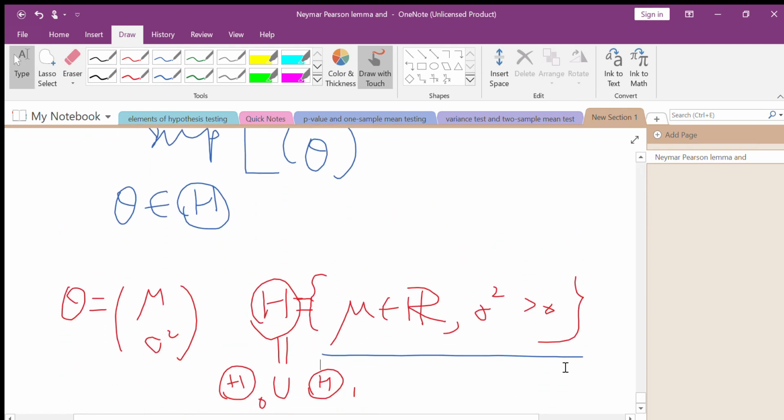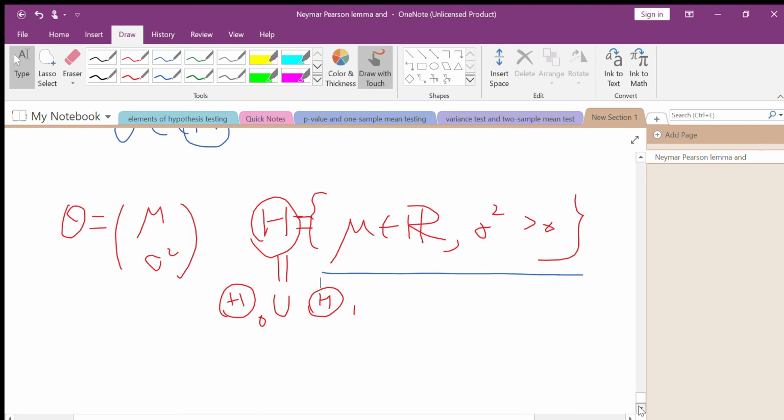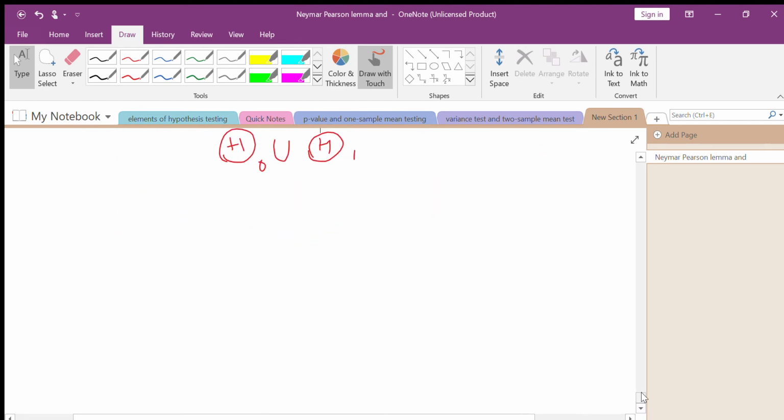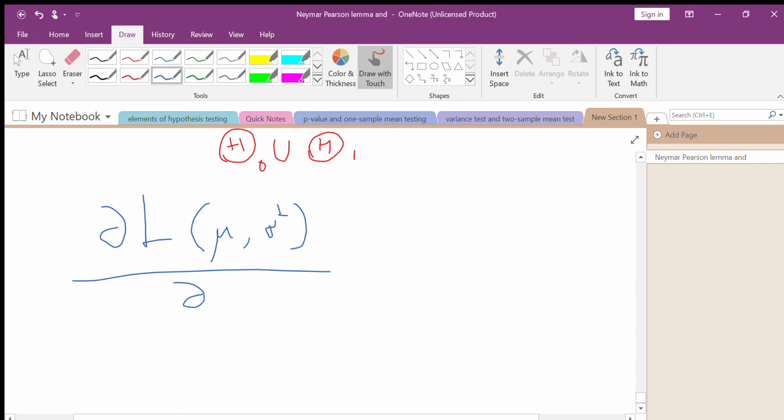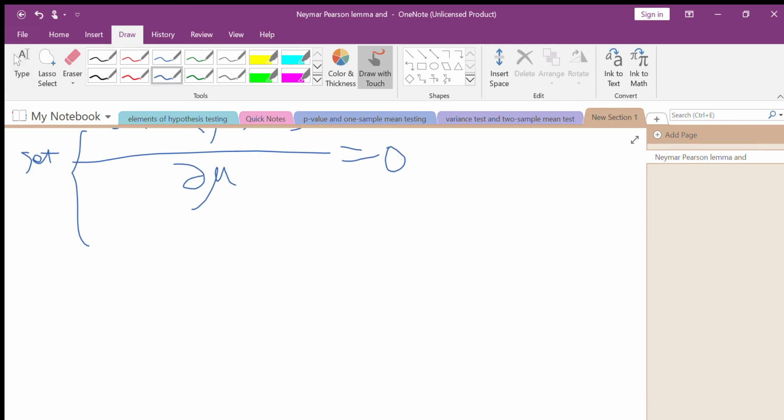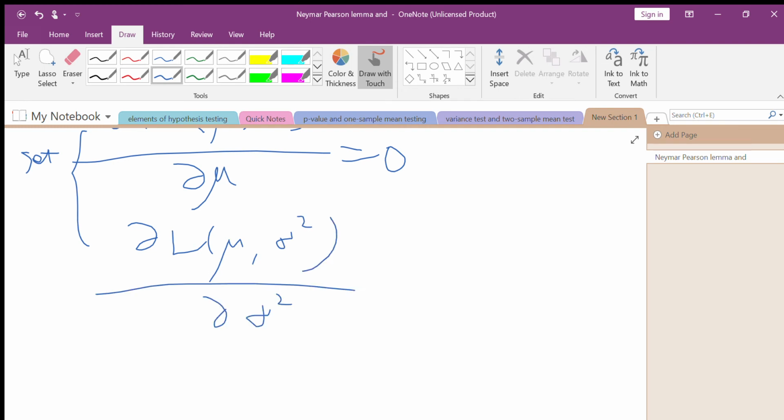And we need to maximize L(theta) over the whole parameter space. What should we do? Actually, we should take the partial derivative of L(mu, sigma squared) with respect to mu and set it to 0, and also do the same with respect to sigma squared, set it to 0.